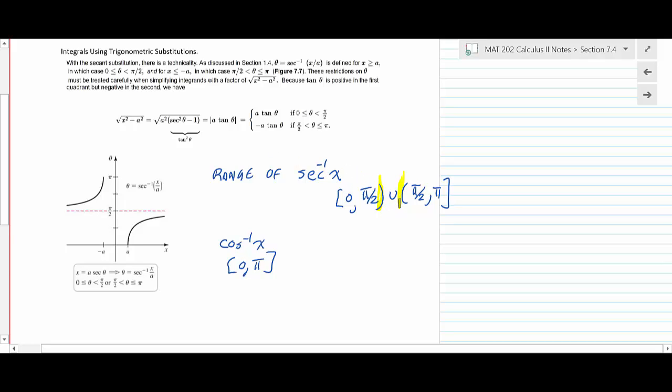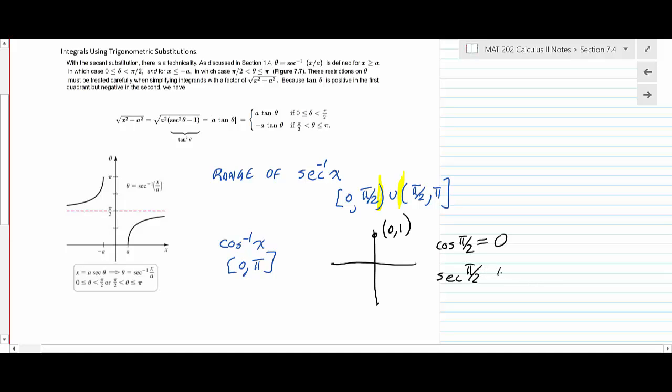What do you suspect the reason for that is? It has something to do with the secant at pi over 2. Let's see what's happening. If you look at pi over 2, you have the point 0,1. So the cosine of pi over 2 is 0, right? So what would be the secant of pi over 2, since it's a reciprocal of the cosine?